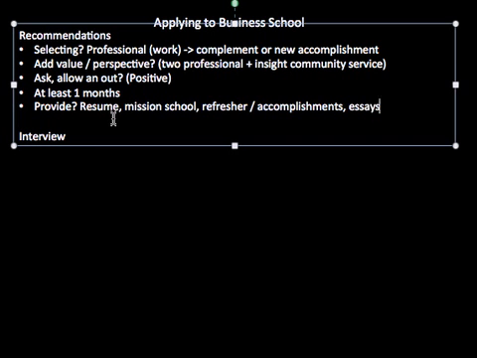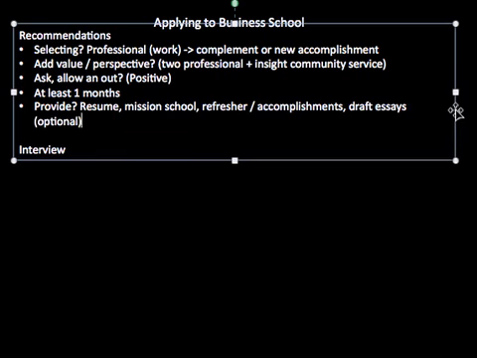You could provide a draft of your essays if you have them, or you may not feel comfortable because the essays may be that personal. That is completely up to you. This is optional, but also scheduling follow-up calls for them to have questions, and then also sending reminder messages, whether via email or phone.